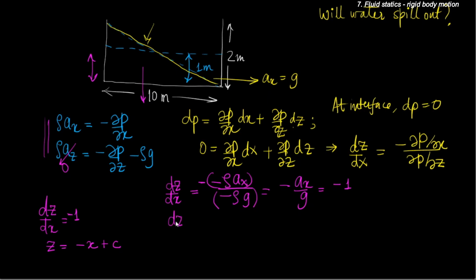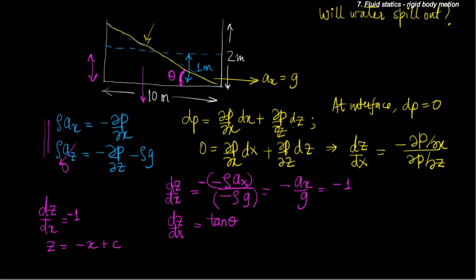So dz/dx is this particular angle, the angle made by the fluid interface with the x-axis. So dz/dx is like tan theta. Since we're taking it along the negative direction, ideally it should be taken with the positive x direction.